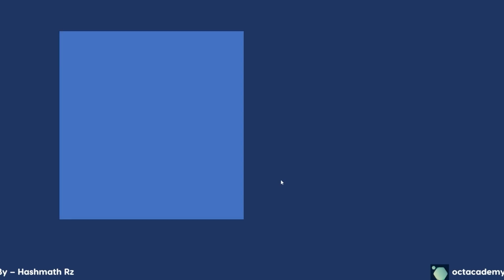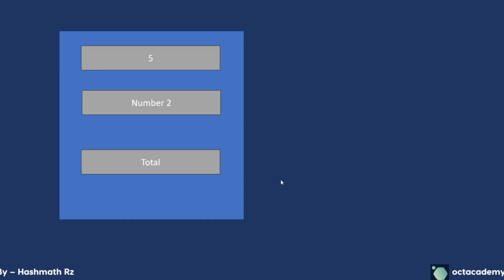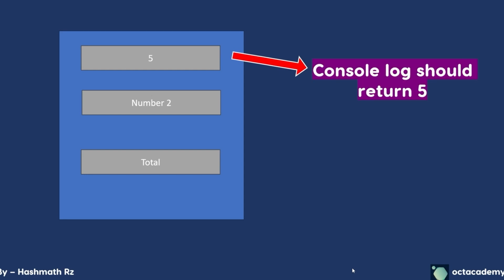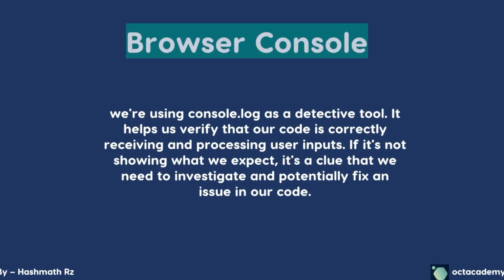So guys, imagine a scenario. A user enters the number 5 into this input field and our code should capture this input. When we check the console tab, it should show the number 5. If however this log displays something different, it means something is missing in our code. So in this case, we are using our console.log as a detective tool.